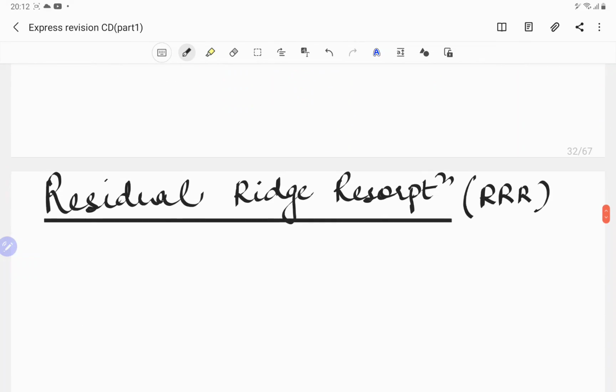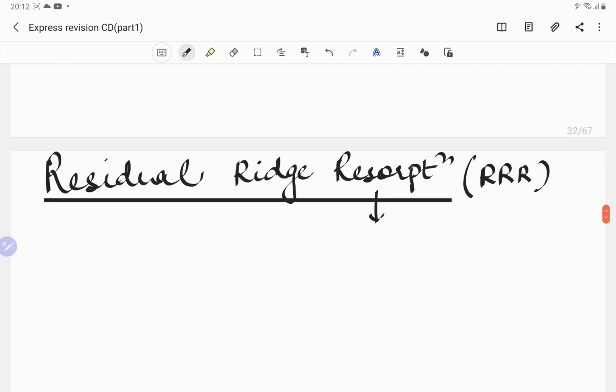So we are talking about resorption of the residual ridge, right? Reduction in the volume, reduction in the size of the residual alveolar process is the residual ridge resorption.